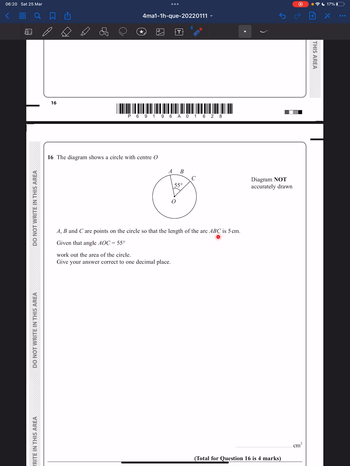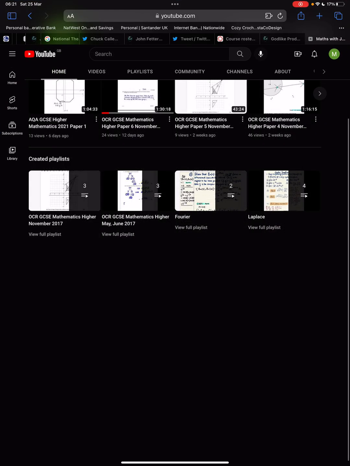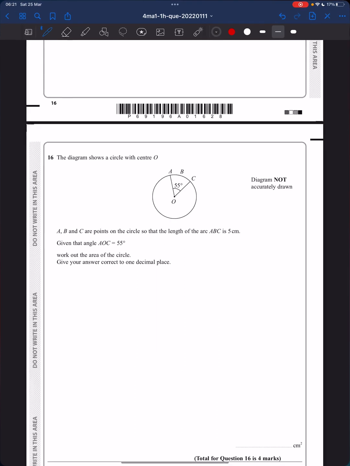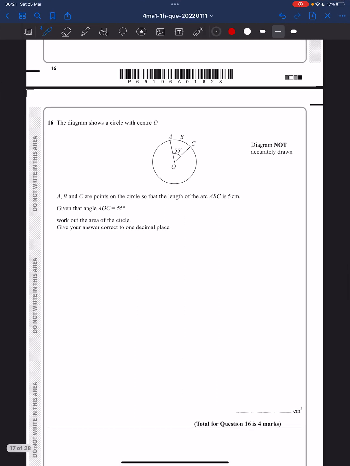Right, the length of the arc is 5 centimetres. And the angle is 55, and the area of the circle. Right, so the full circle, and what do we need? The area of the circle, and that one is 5 centimetres from there to there. Okay, so the arc, 55 over 360.